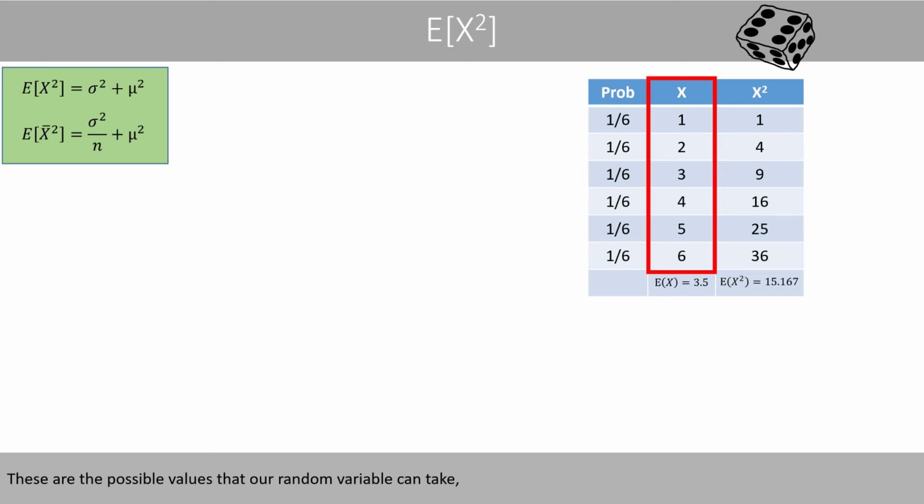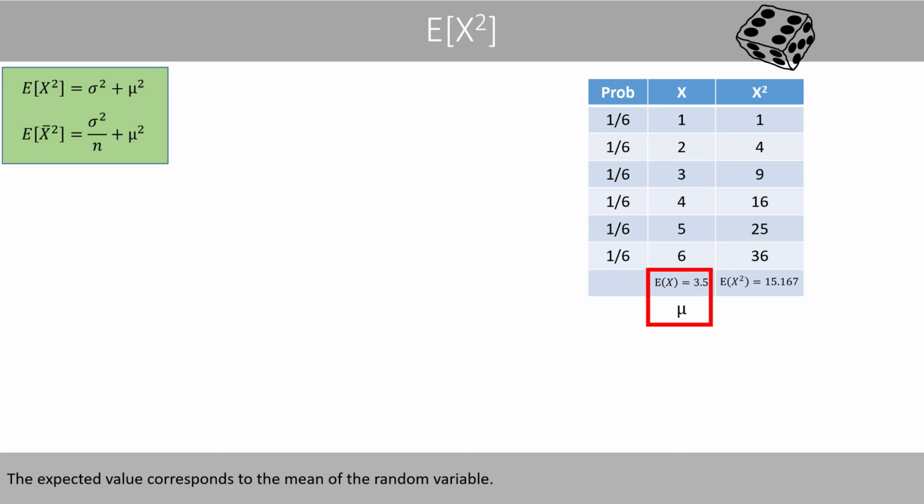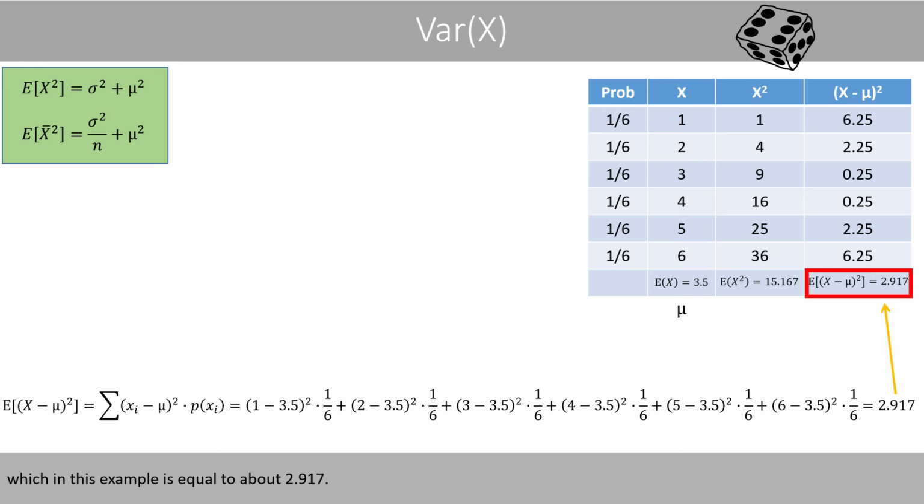These are the possible values that our random variable can take, and these are the probabilities to get those values. The expected value corresponds to the mean of the random variable. The variance of the random variable is given by the expected value of the squared differences between the possible outcomes and the mean, which in this example is equal to about 2.917.